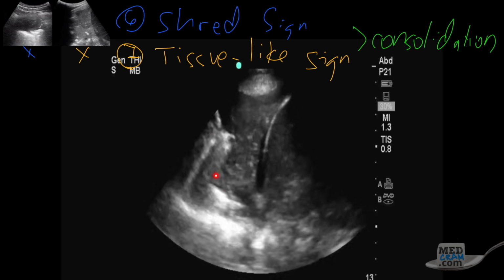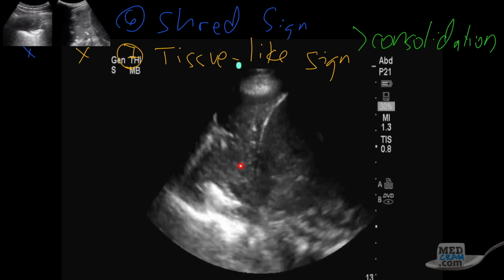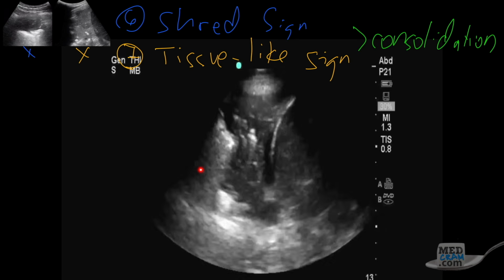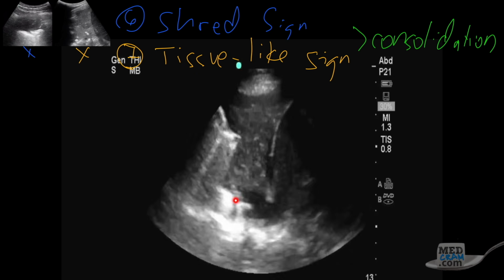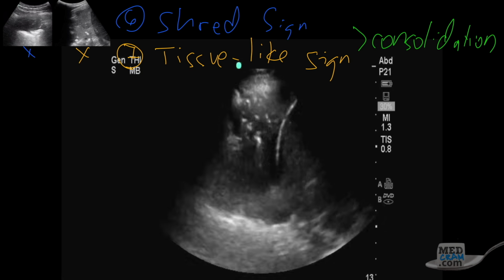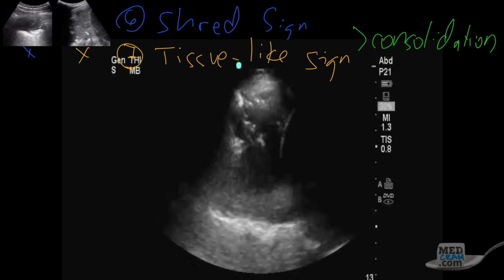It's not the pleural line. It's where the interface between the consolidation of the lung and the aerated lung meet. It doesn't create a straight line like the pleural line, but this irregular, shredded-like line. So the shred sign and the tissue-like sign are both signs of consolidation.